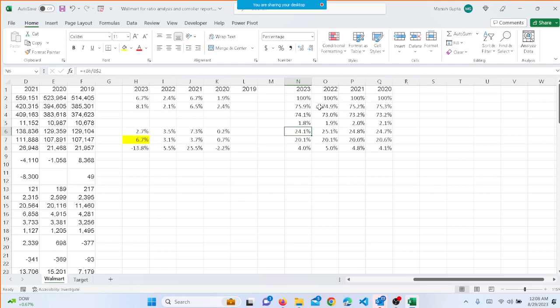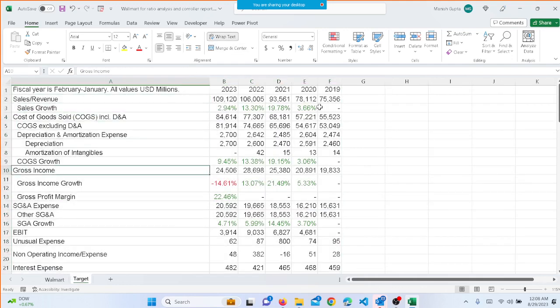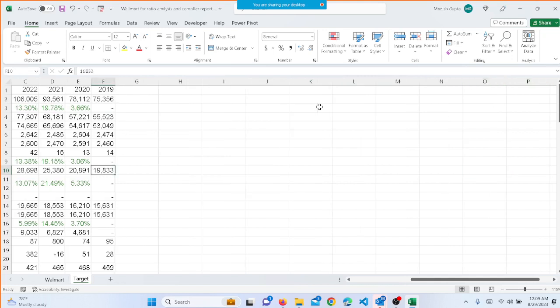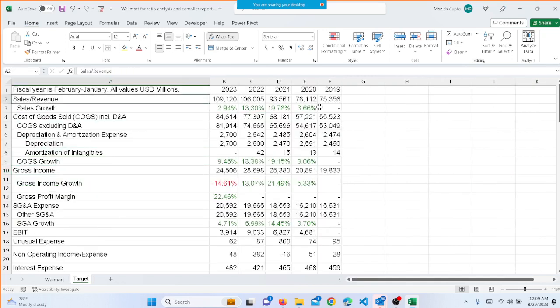Now, when you compare this against, let's say, Target, it's even clearer, right? So let's say we want to understand the gross profit margin of Target.